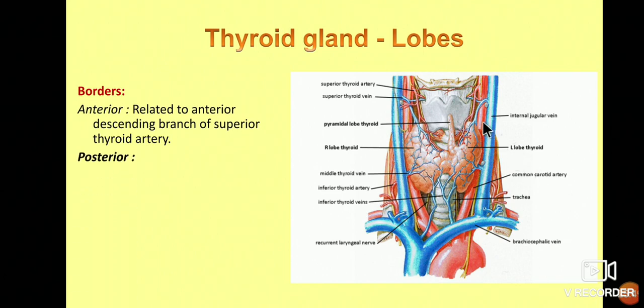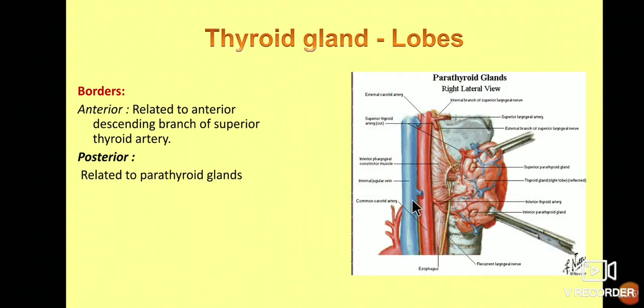Posterior border is related to the anastomosis between the superior and inferior thyroid artery and also the parathyroid glands, superior parathyroid and inferior parathyroid, and the anastomosis of the superior and inferior thyroid arteries.